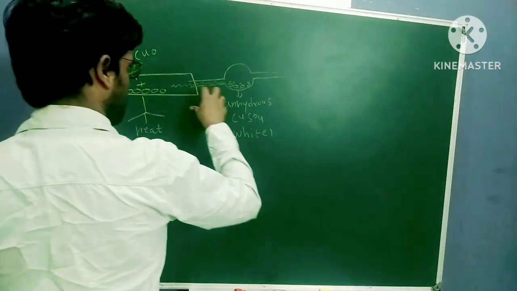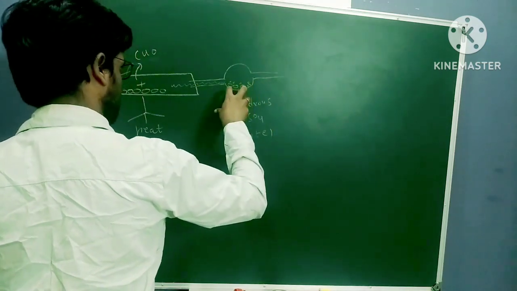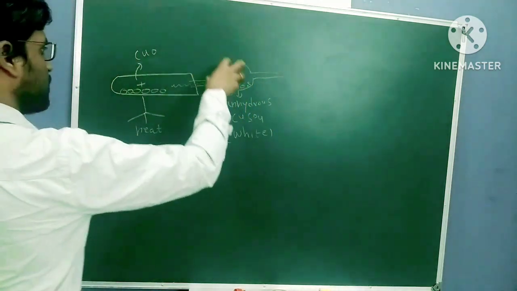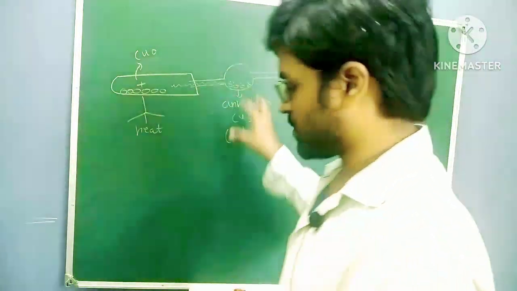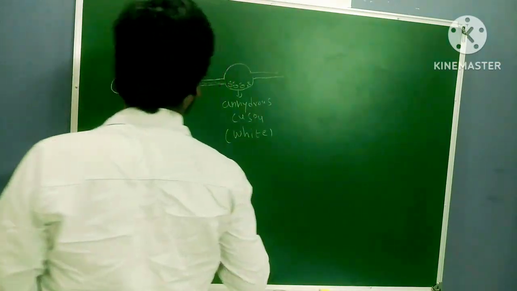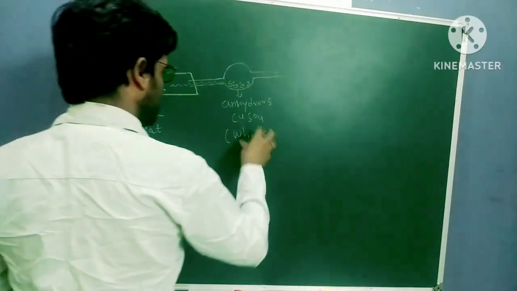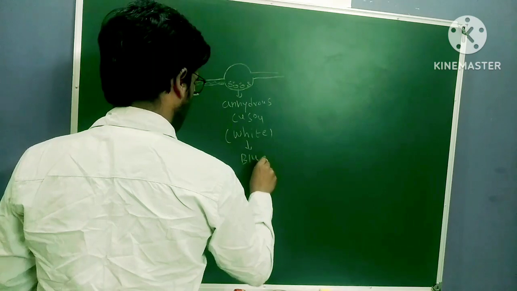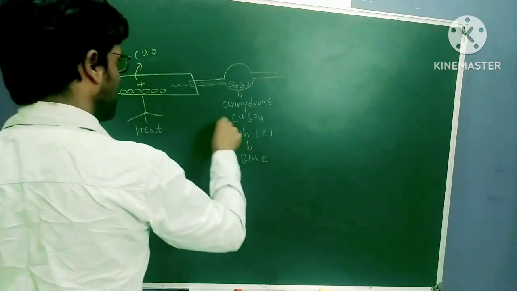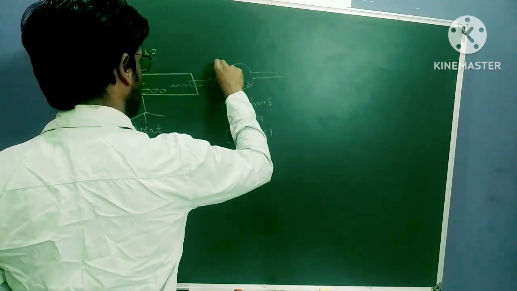So whenever this anhydrous copper sulfate absorbs this vapor, on absorption, if this white color turns to blue, then it clearly indicates water is present in this vapor.